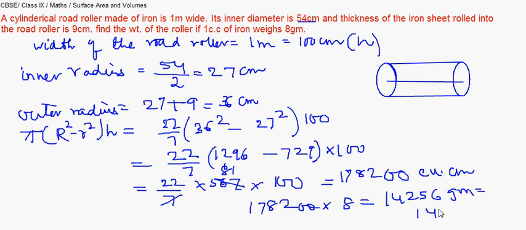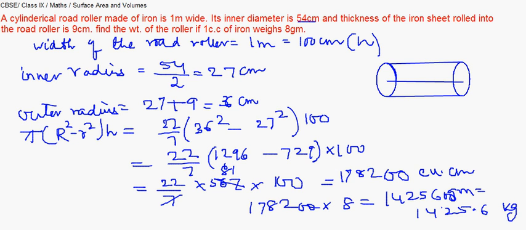I made a mistake there. 178200 into 8 is giving me more, 2 zeros will be there. If I divide it, it will give me 1425.6 kgs. This is the weight of the iron that is used for the roller.